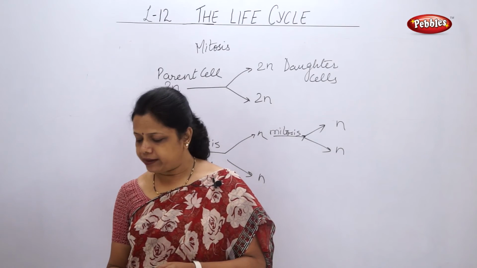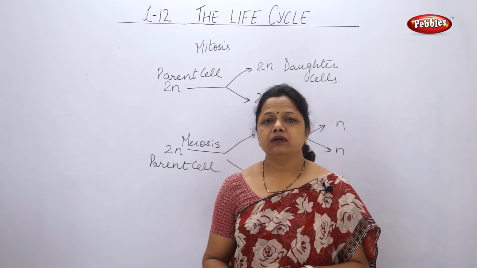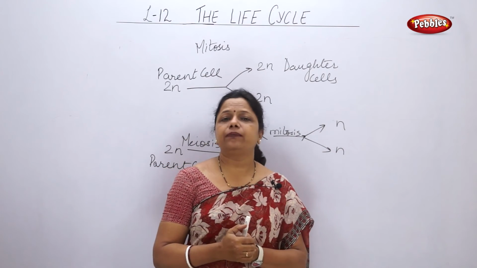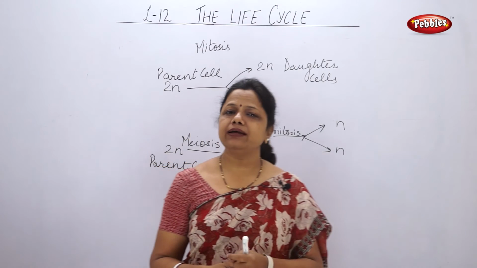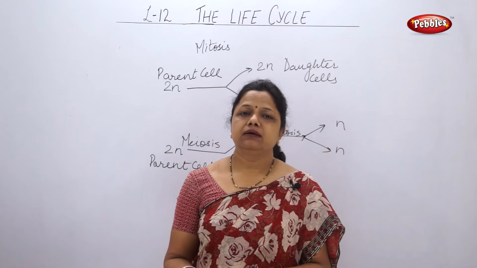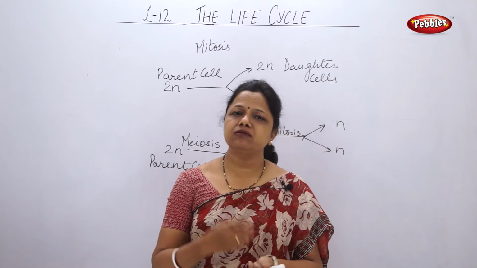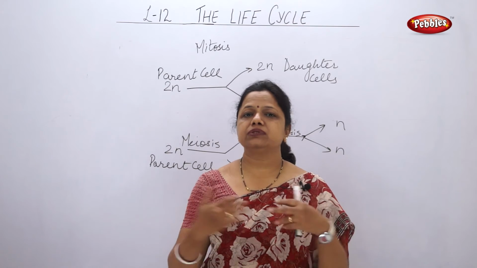Give reason why testes are located outside the abdominal cavity. Now all the parts of the human system are present inside the human abdomen, but why is the testis present outside? The testes have to produce sperms, and this production of sperms is possible only when there is not a high temperature around it.